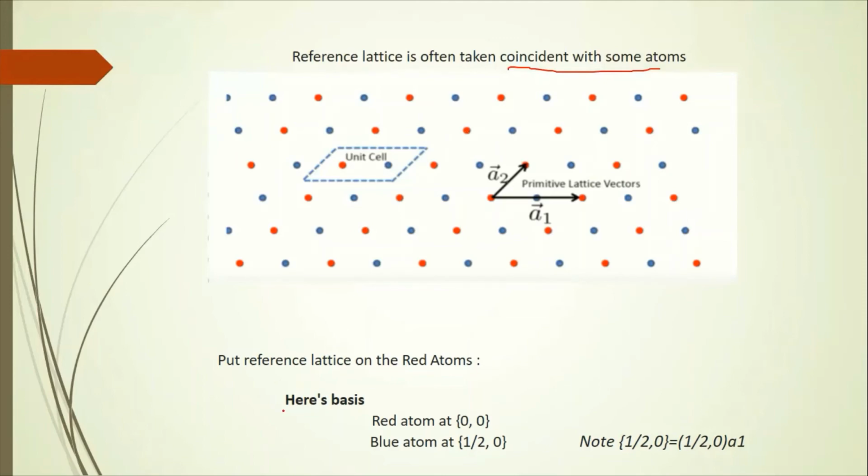In this case we have a basis: the lattice red atoms at 0, 0, and this one at 1/2, 0, because it's one and a half in the 0 direction.